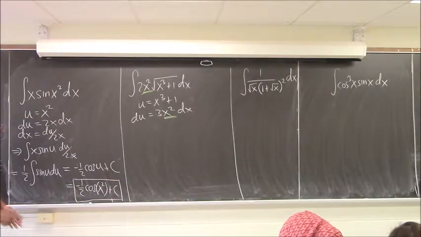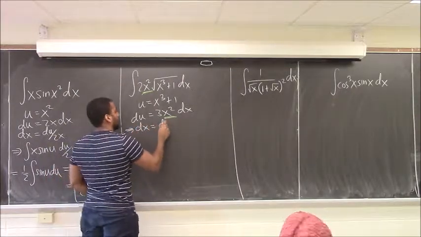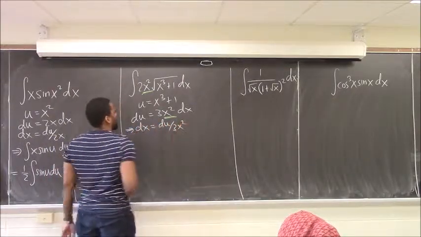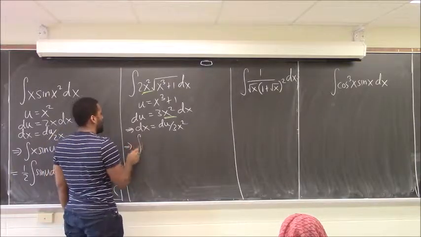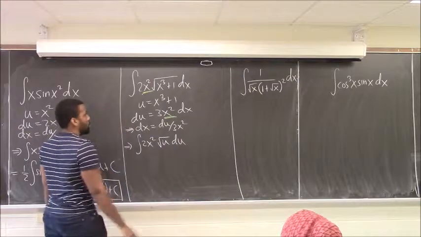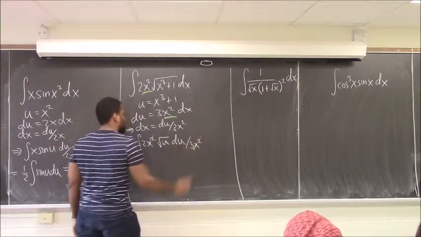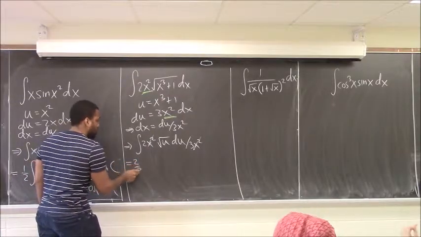So that says that's probably a good substitution. And again, solve for the dx. Plug everything in. The x squares would cancel. You can factor out the 2/3.